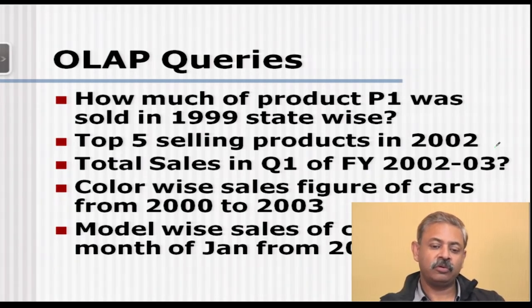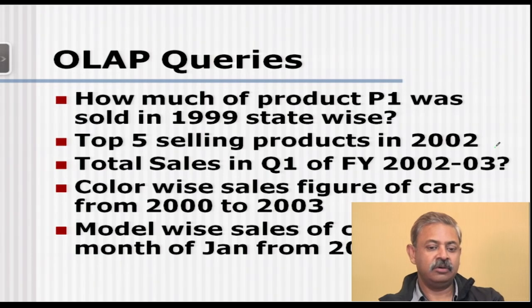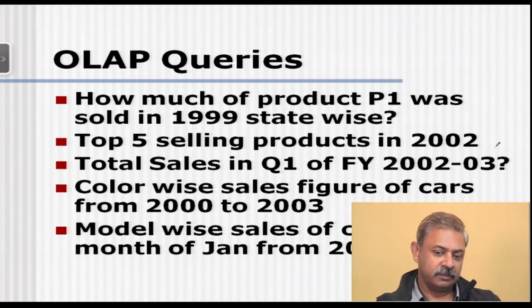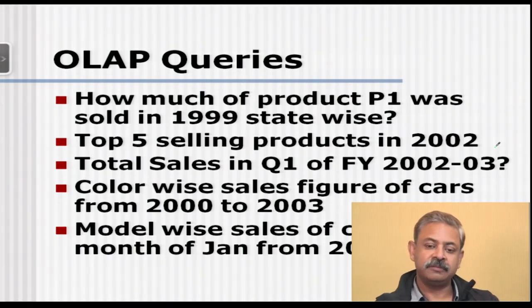I find this out for all the products that I have, and a store like Walmart may have 1 lakh different products, so I'll find out the total sales of these 1 lakh products, order them, and then pick up the top 5. That's how I would do it using the brute force method, but that is not how it is done.